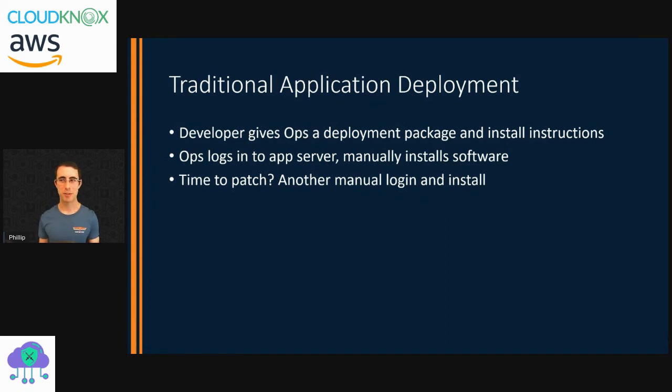Then you get a patch. Well, you've got to log in and install the patch. There's an update to one of the dependencies. We've got to log in and install that. Anytime anything changes, someone's logging into that application server. So that's pretty normal, but not ideal, and we'll get into that.